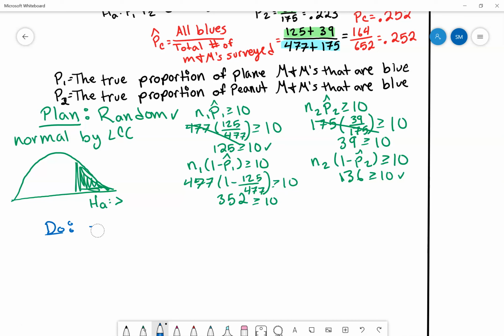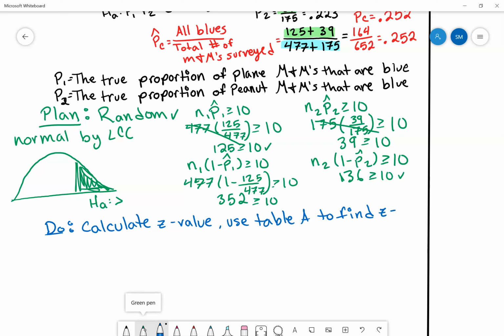We're going to calculate the z value, use table A to find the z score, and then use that to determine the p-value. So let's check this out.